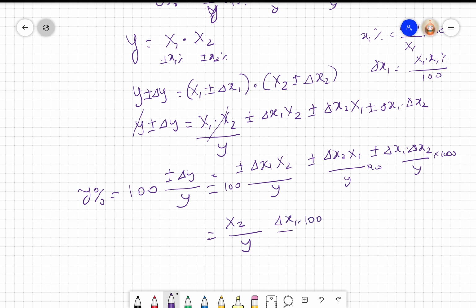Once again we do the same trick. I put x1 on top, x1 at the bottom, so that would be the first entry. So plus or minus x1 by y into delta x2. I divide by x2, multiply by x2, so I'm not changing anything. x2 by x2 will be 1.